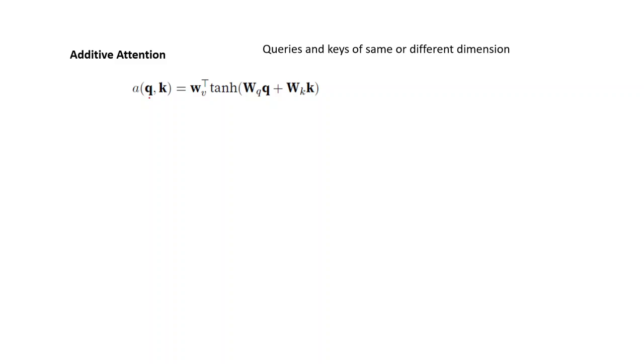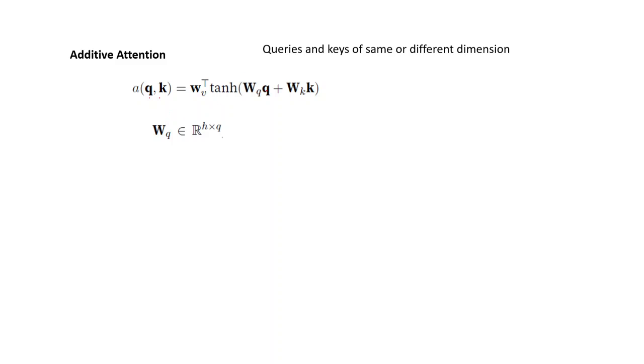We are doing a linear transformation of query and key with the weights Wq and Wk, then we take a hyperbolic tan over this, and then we multiply that with the transpose of another weight matrix, this is Wv.